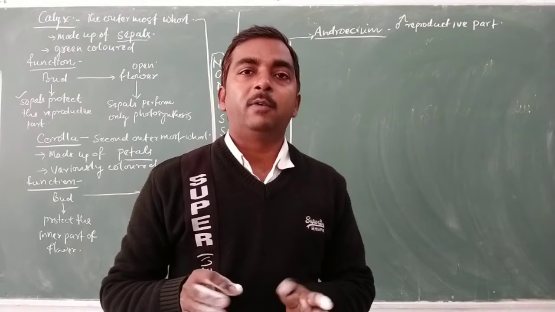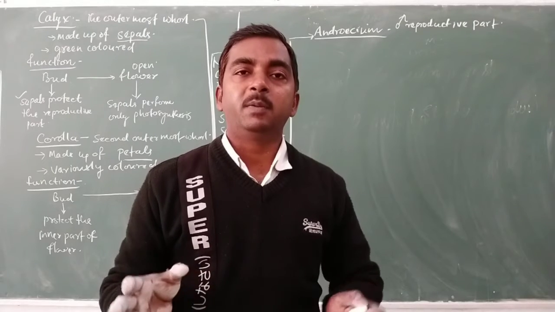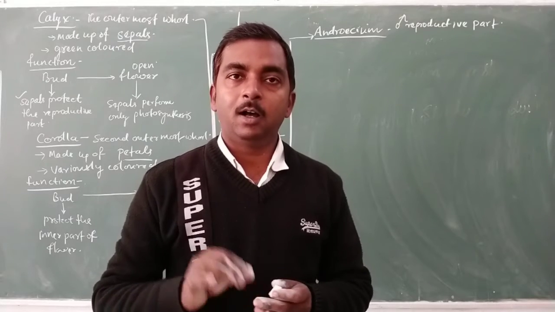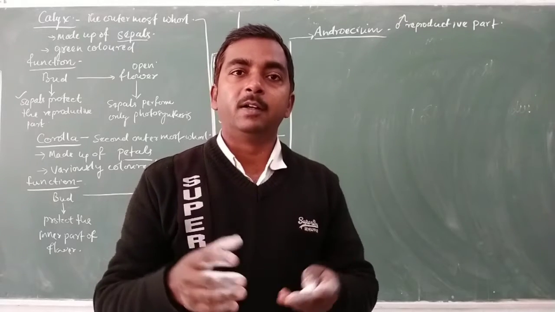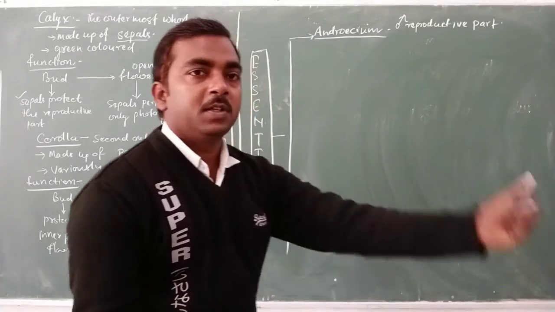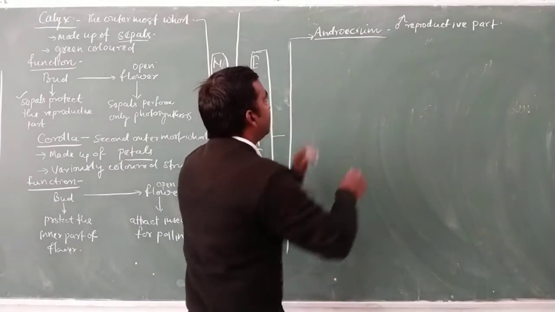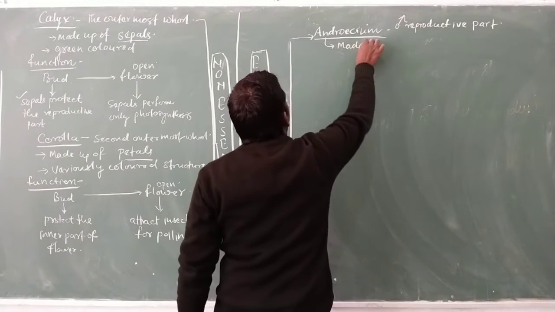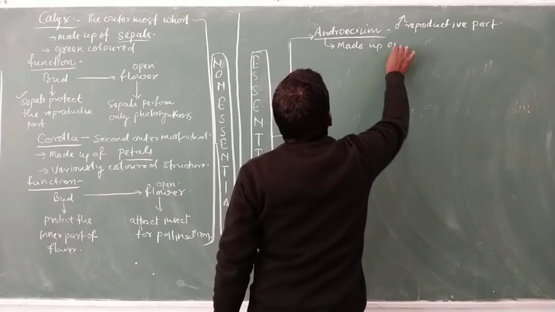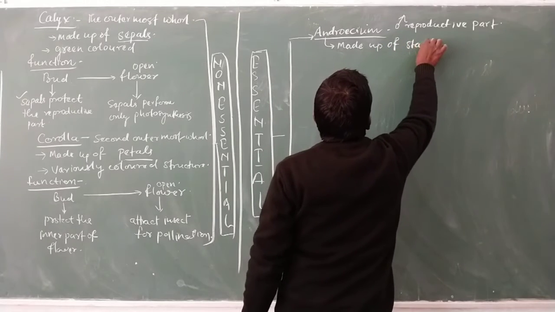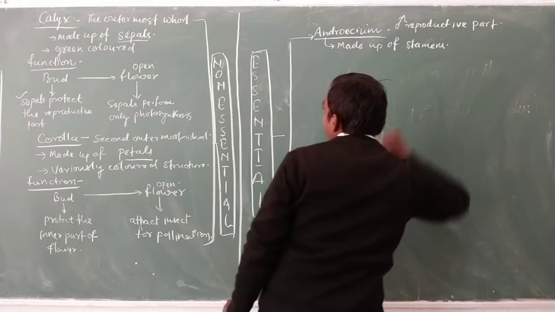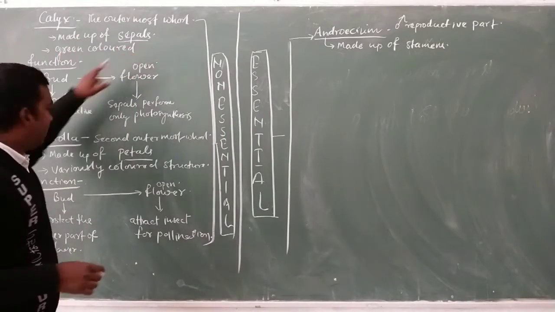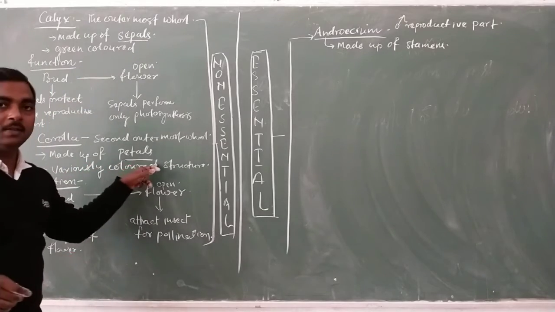In the flower we can see a number of stamens, found either associated with one another or in a free condition. These stamens are collectively known as the androecium. The androecium is made up of stamens, just as the calyx is made up of sepals and the corolla is made up of petals.